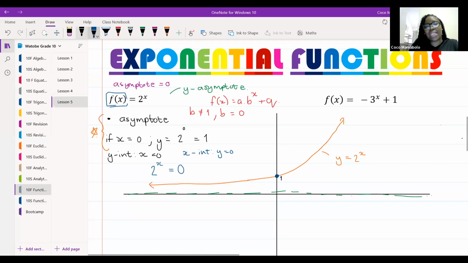Even if x is equal to -1, I get 2^-1, which is a half. If I put in x = -2, I get 2^-2, which is 1 over 2 squared, which is a fourth.